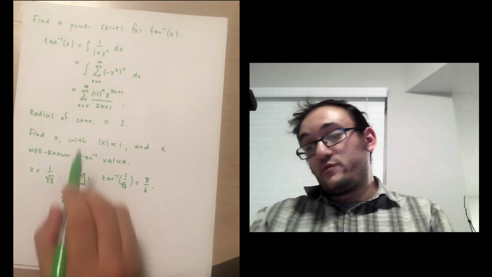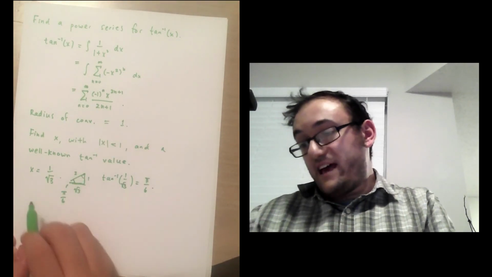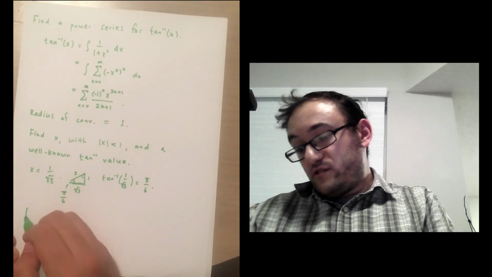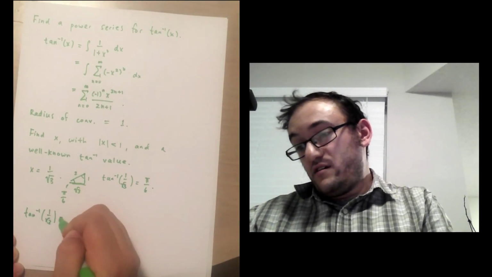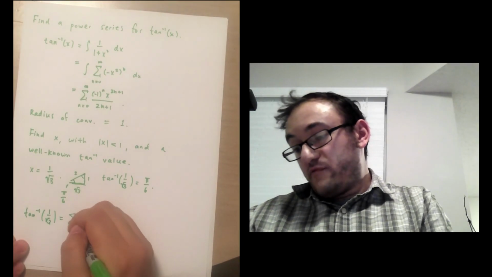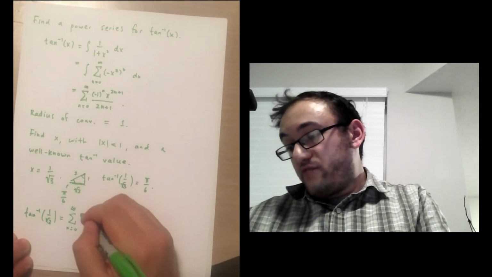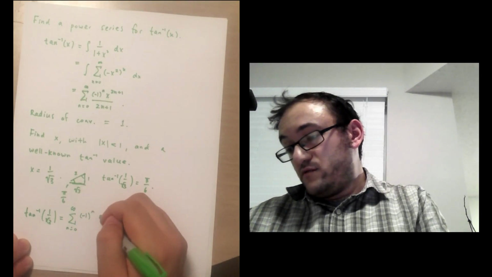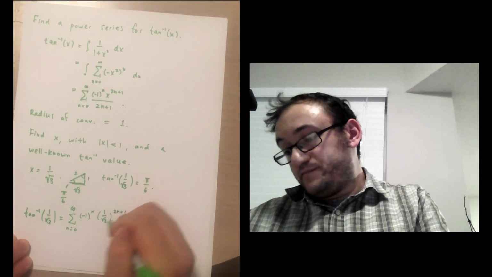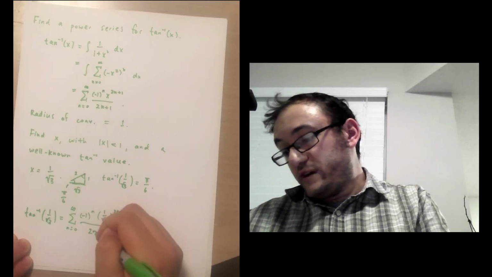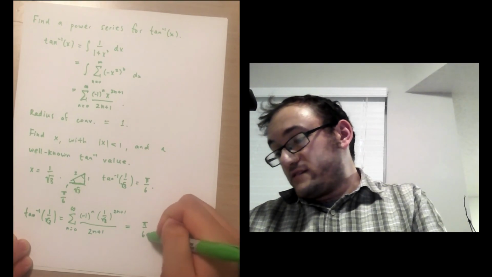But then on the other hand, we have this power series expression, where we can plug in x. So we also know arctangent of 1 over square root of 3 is equal to the sum from n equals 0 to infinity of (minus 1 to the n) times (1 over square root of 3) to the 2n plus 1, divided by 2n plus 1, and that's going to be equal to pi over 6.